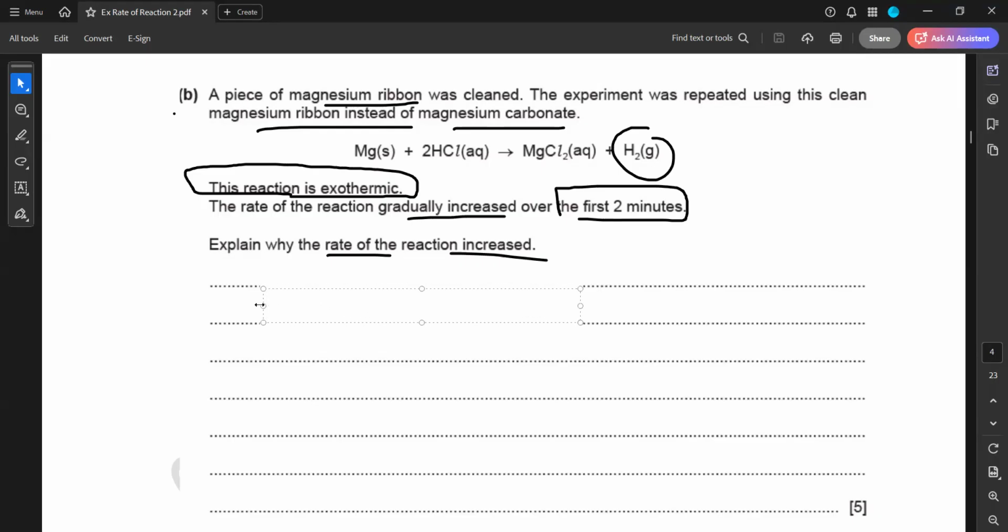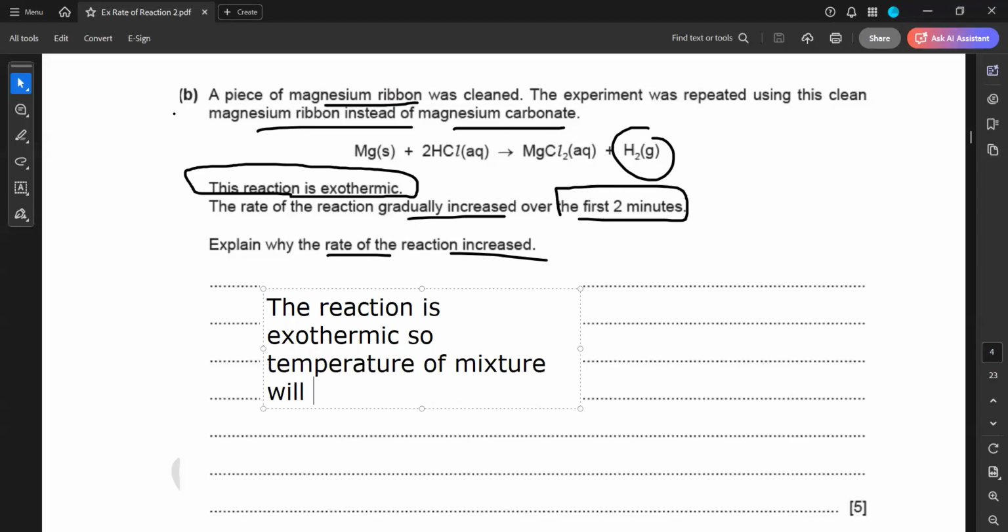So the reaction is exothermic, so the temperature of the mixture will increase. As the temperature increases, what is the effect of the temperature?